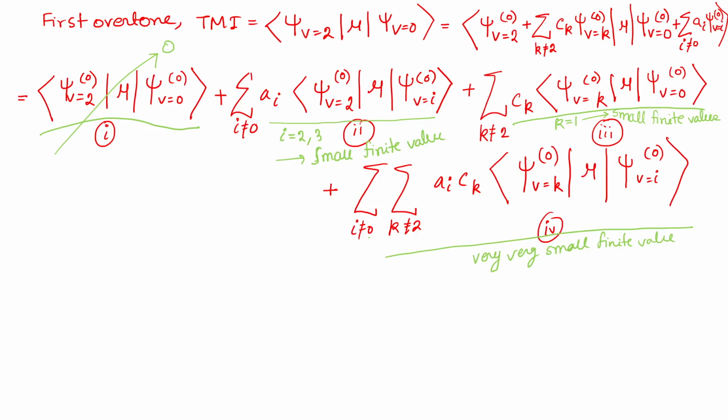Even if it were possible, whatever the value of k, the integral would be 0. So I have to start from maybe i equals 2, where we are going to get a very small finite value for i equals 2 onwards, right?